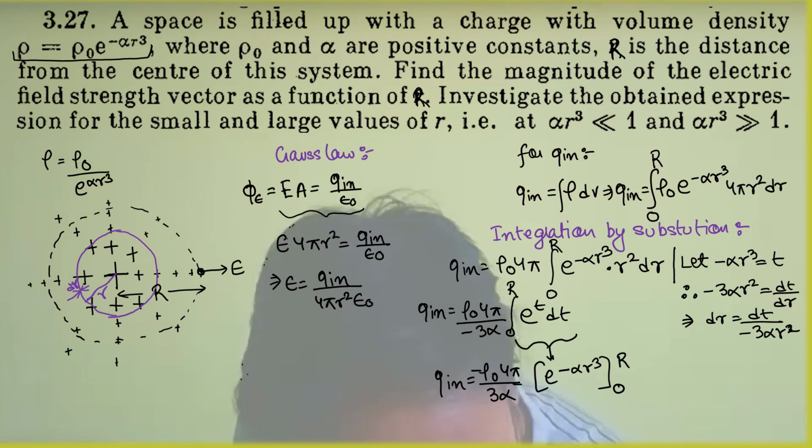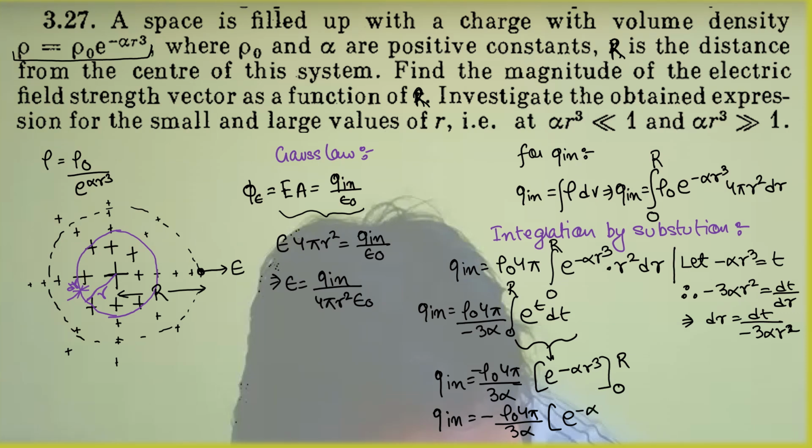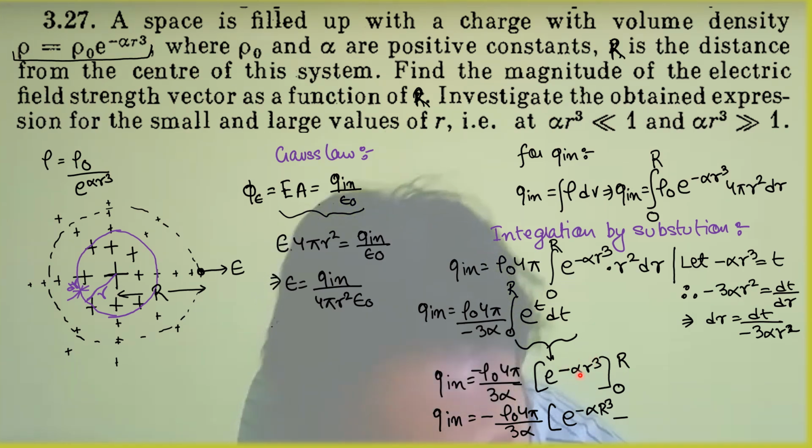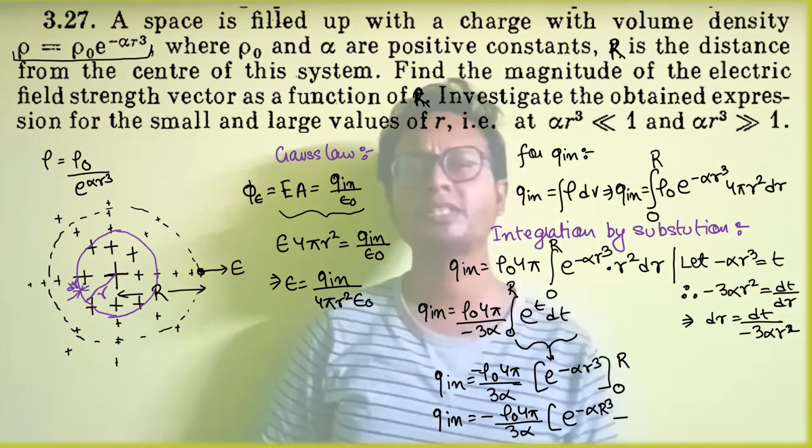So if I integrate it, q inside is equal to minus rho naught 4 pi by 3 alpha into e to the power minus alpha r cube minus, if I put 0 in place of r, this entire term becomes 0, and e to the power 0 is nothing but 1, since anything to the power 0 is 1.